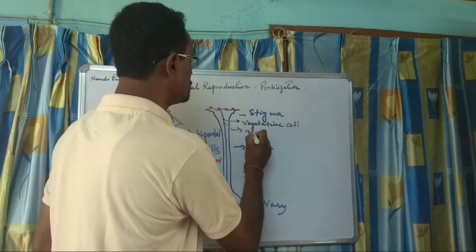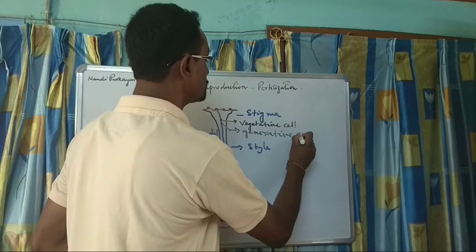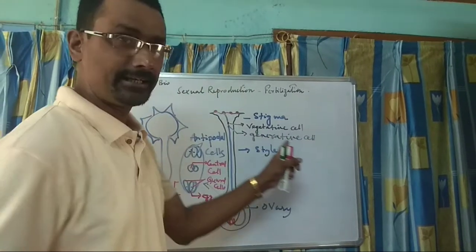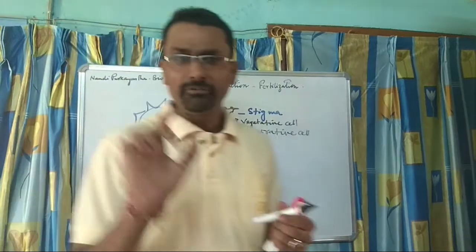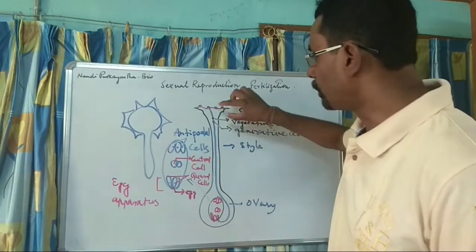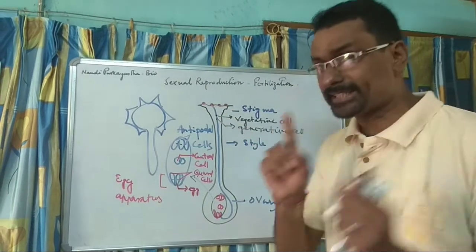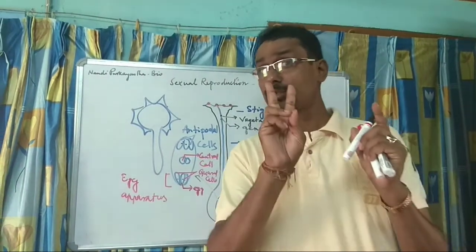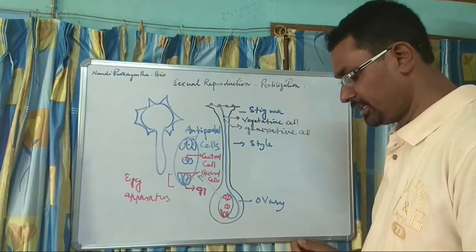Another is called the generative cell. Clear? Very easy. What you are finding is the occurrence of the pollen tube from the pollen grains, and inside the pollen tube you find 2 cells. One is the vegetative, the other is the generative.